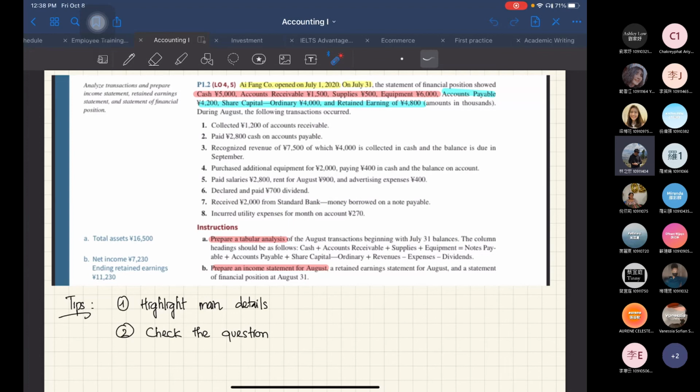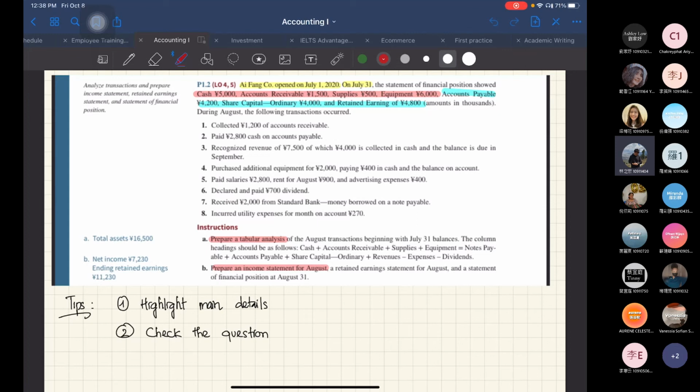Why do you need to do the cash flow? In the question, they didn't require you to do that.